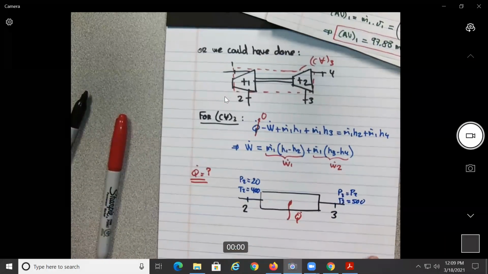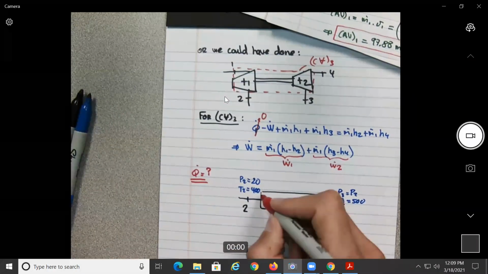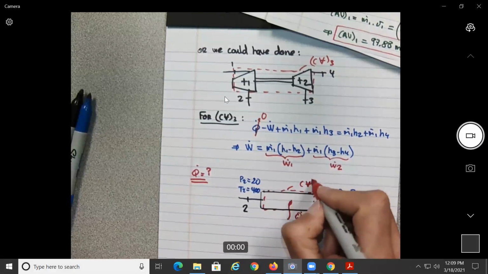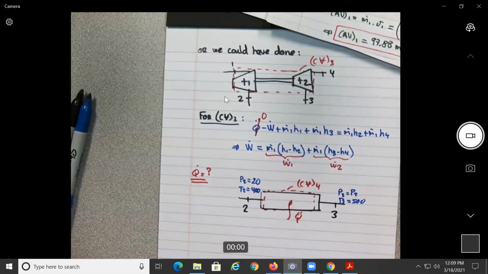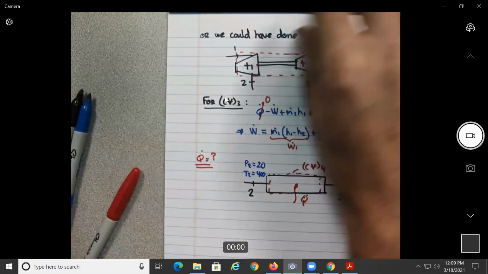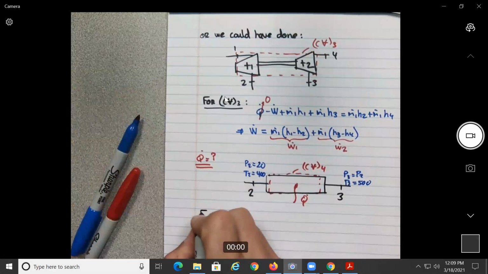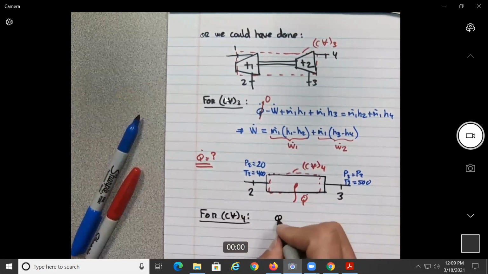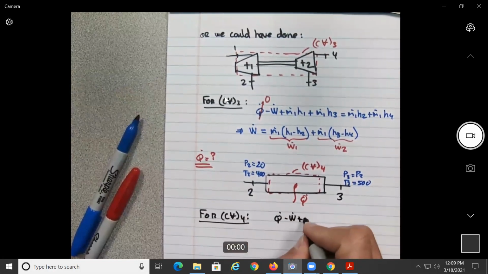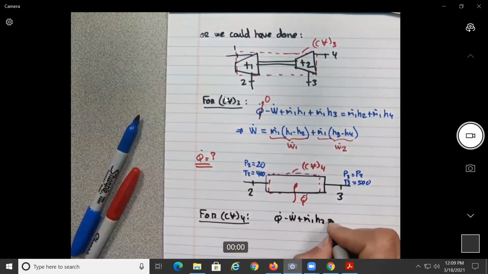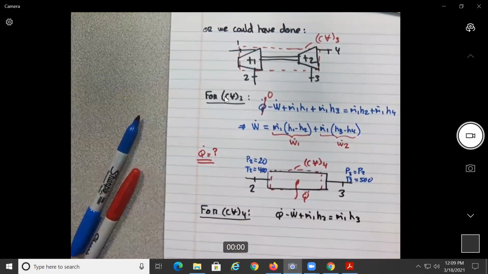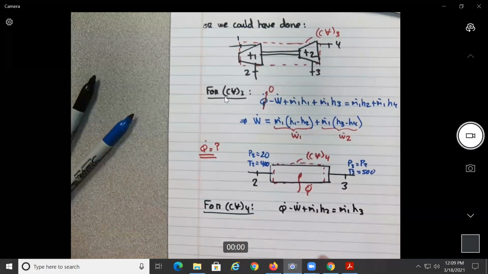So we have, again, for this control volume 4, Q dot minus power plus M dot H2 will be equal to M dot 1 H3. So in the reheater, you see everything comes from the figure.